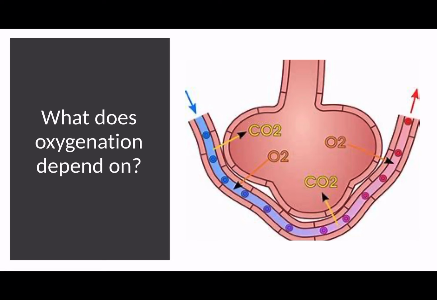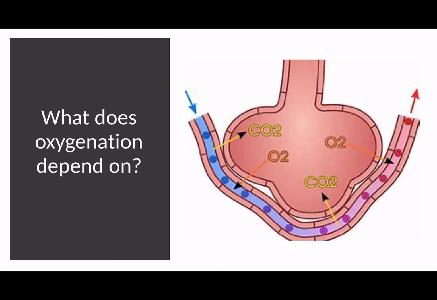Similarly, when the deoxygenated blood comes from the right ventricle, it is full of carbon dioxide. That carbon dioxide then diffuses passively into the alveolus and then gets breathed out. This is all it is. This is all that happens in the lungs.